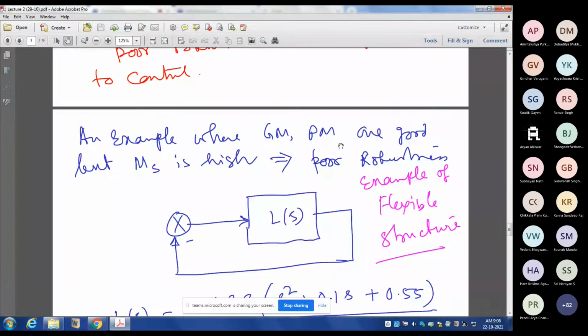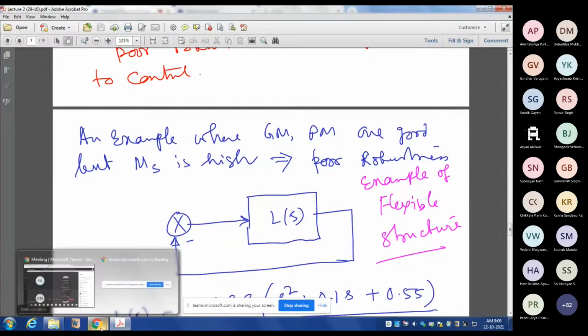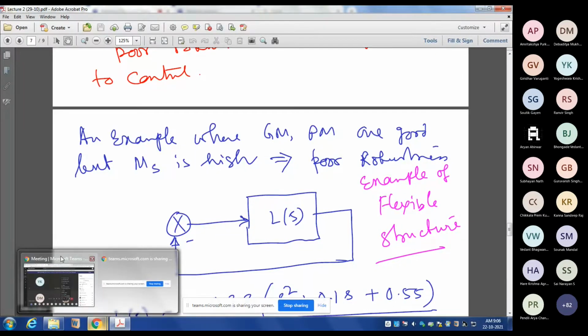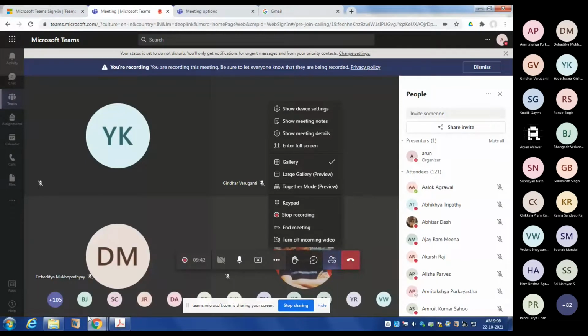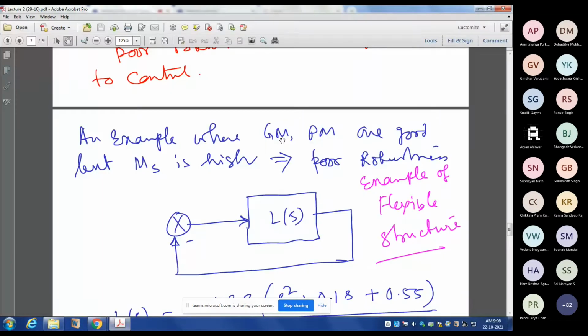you can multiply, a 200% increase of gain you can make, and minus 6 dB gain margin means gain you can reduce by 200%.